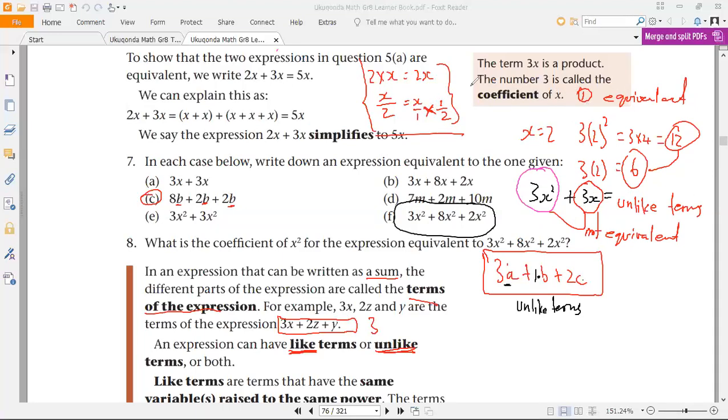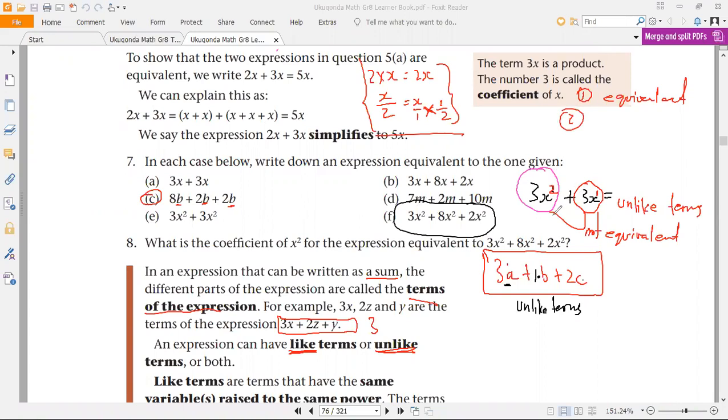The second thing that you guys need to check, and this is what I'm going to talk about as I close this part of the lesson, is that what really makes these things not equivalent is that here the exponent is 2, but here the exponent is 1. So here's an important lesson.